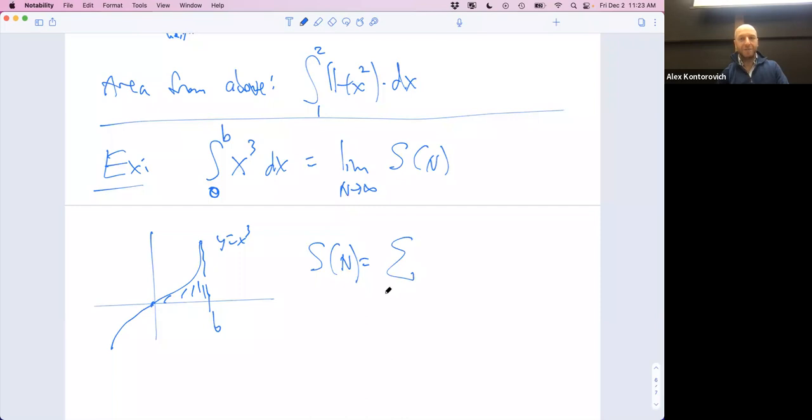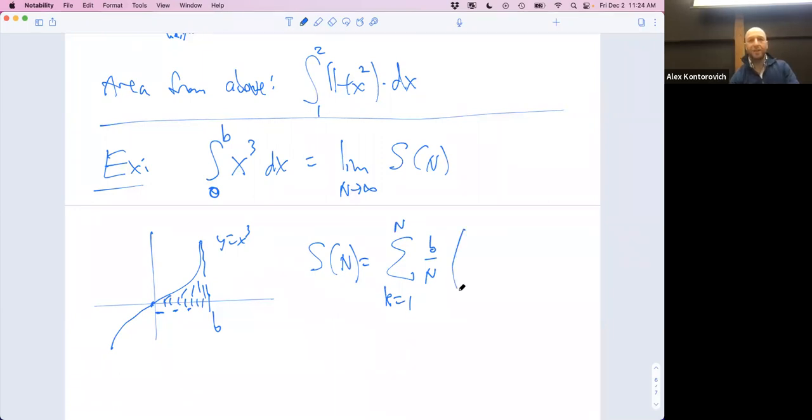It's going to be a sum as j or k, whatever we want to call these dummy variables. Let's say k goes from 1 to n. So we're going to have a bunch of rectangles. What is the width of each rectangle? B over n. Yeah, b minus 0 over n. Does that make sense?